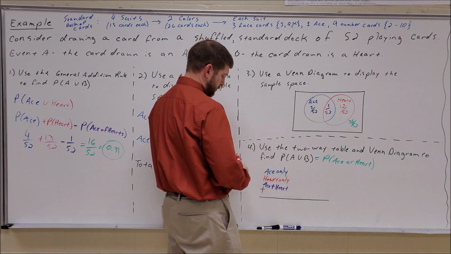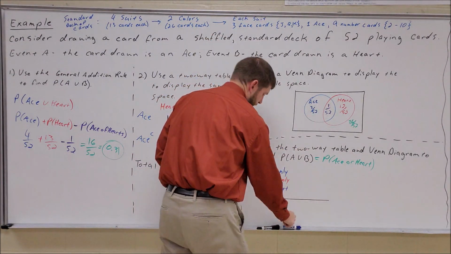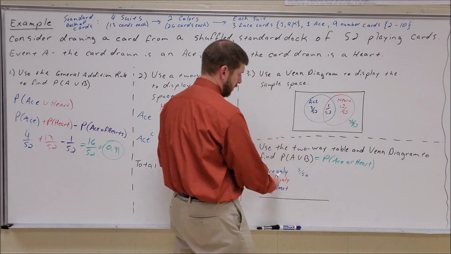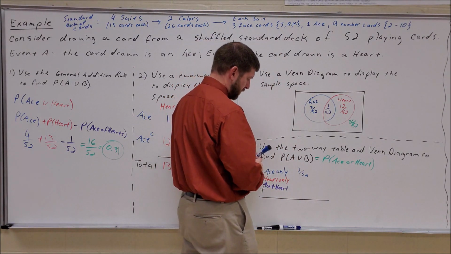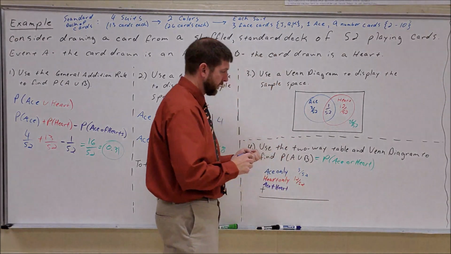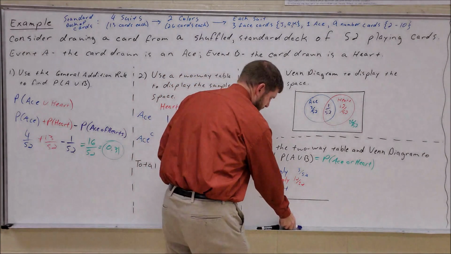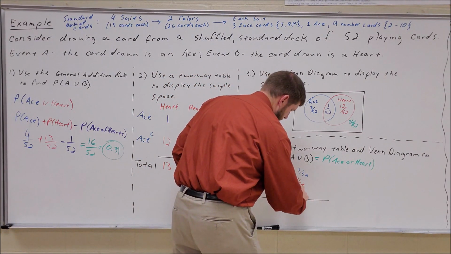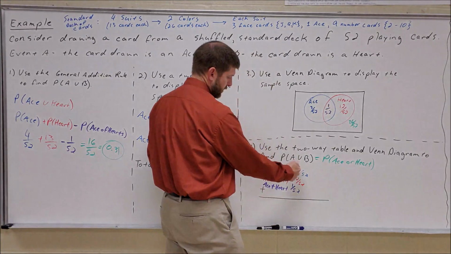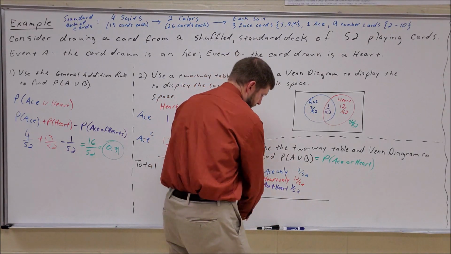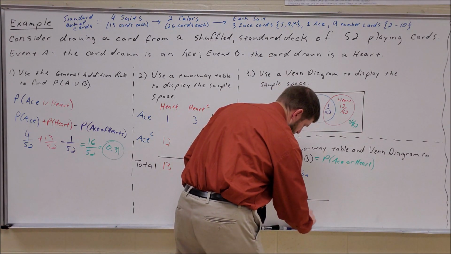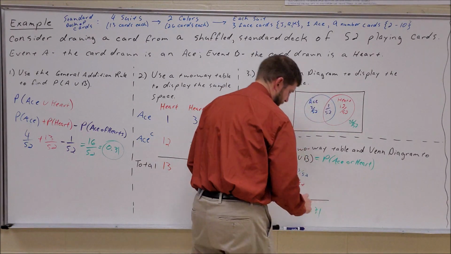So our ace only group would be the 3 out of 52. Our heart only group would be the 12 out of 52. And then our ace and heart group is the 1 out of 52, which all totaled up, 3, 12, 1, gives us 16 out of 52, which is 0.31.